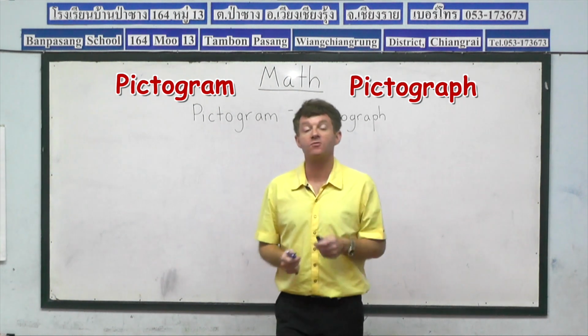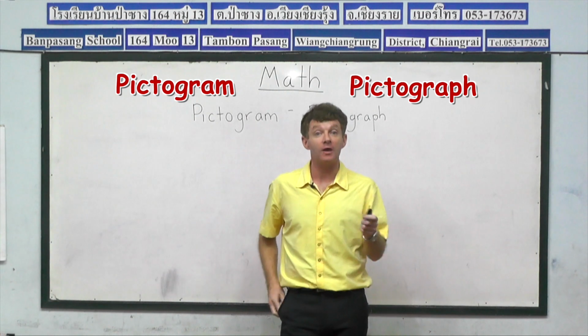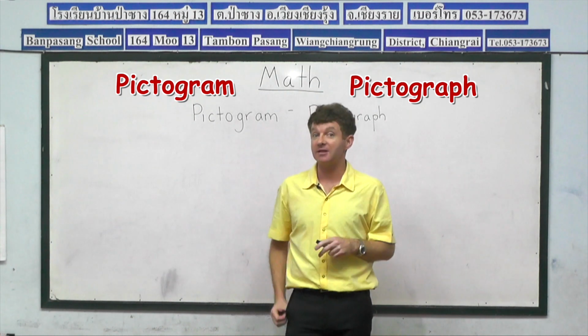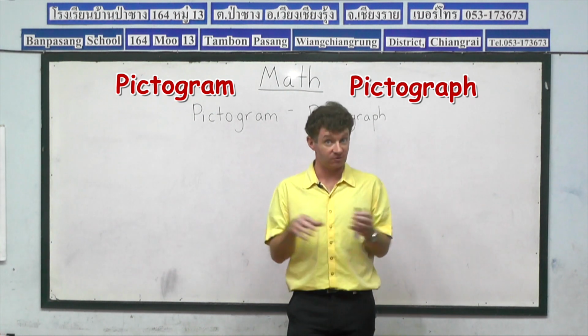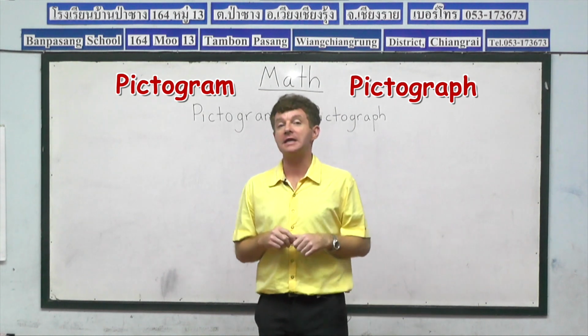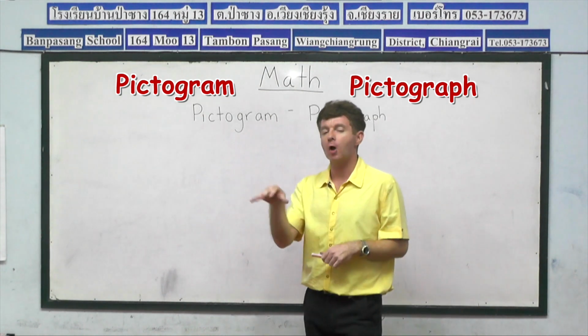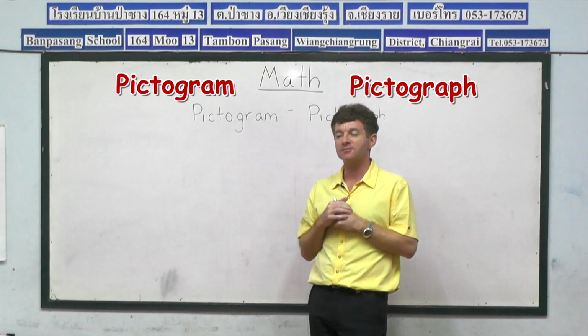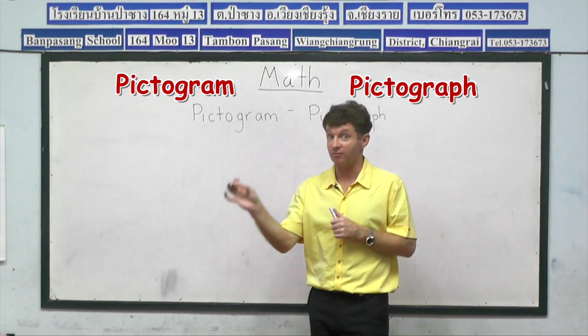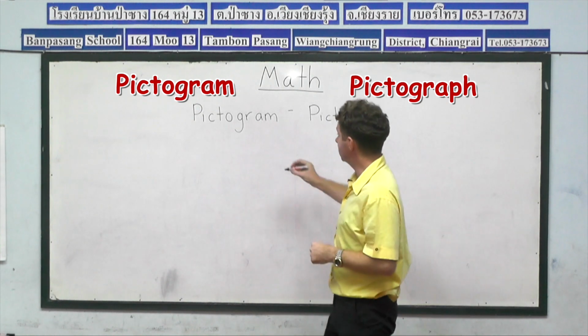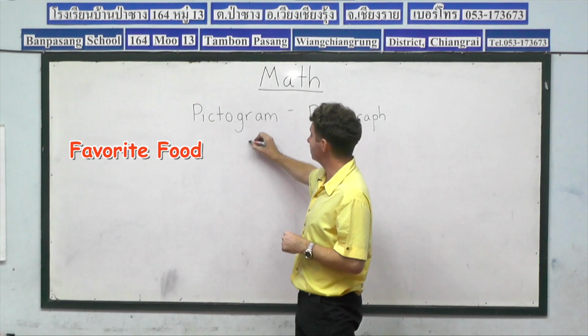And what we're going to do now in our class is show how we can present some data using pictures. So first of all, we need a topic. And I think a good topic for us to use in class, guys, will be favorite food. Okay? So let's write the topic of our pictograph.